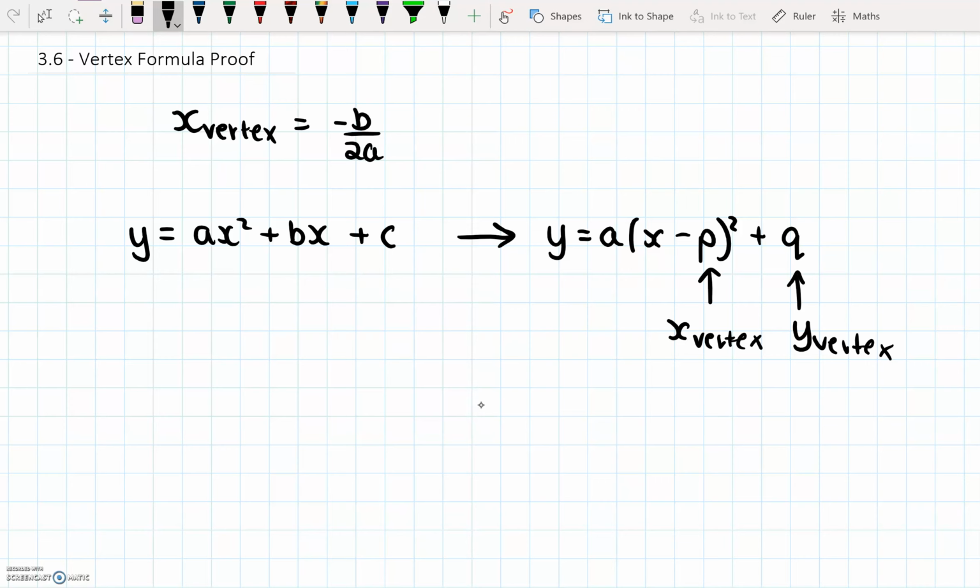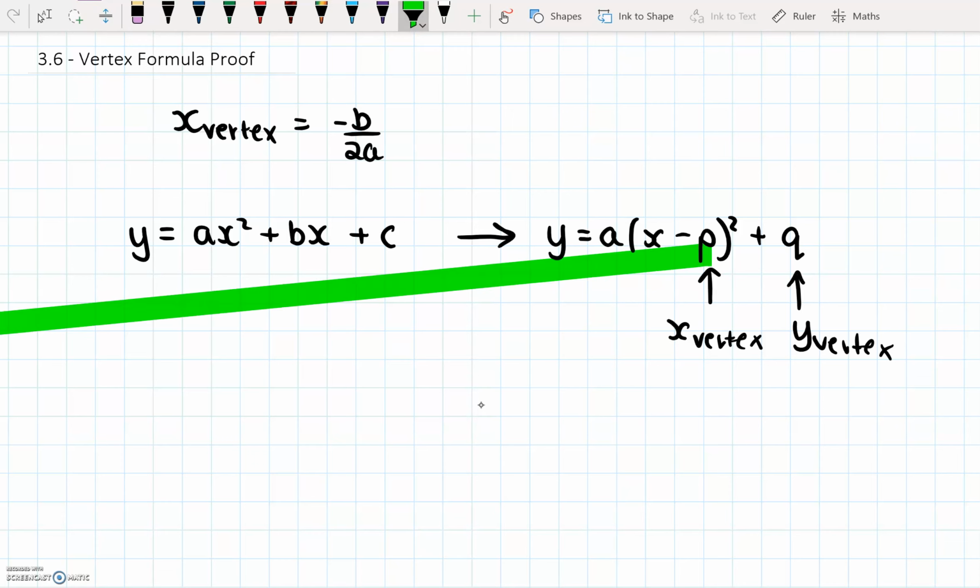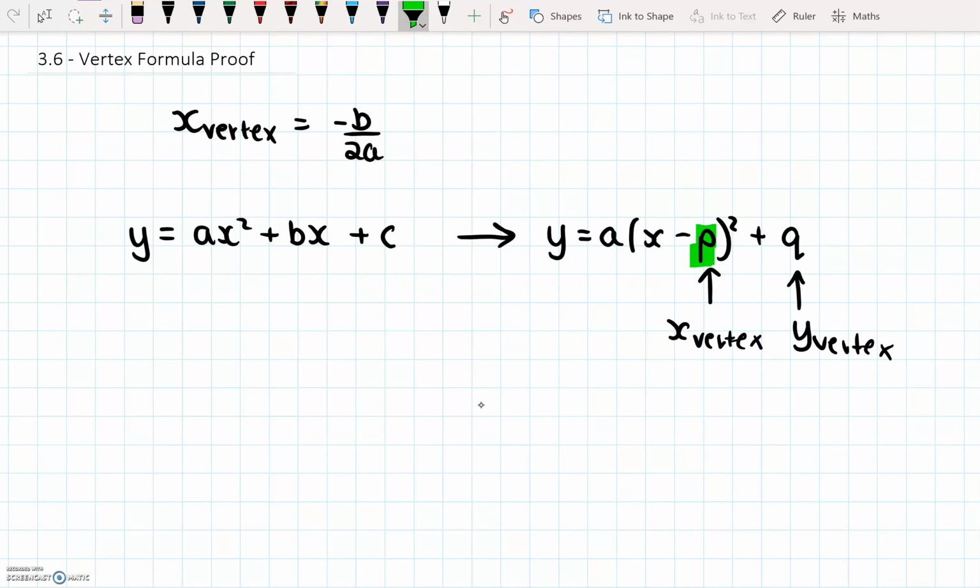If we can turn the general form into the vertex form, then we should be able to come up with the x vertex, and hopefully what is in place of p is going to be the same as what we have up here. So let's give this a go and see what we can do.